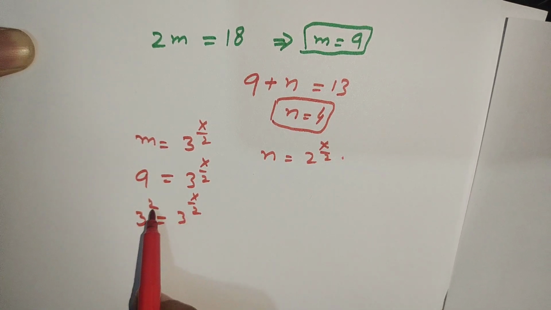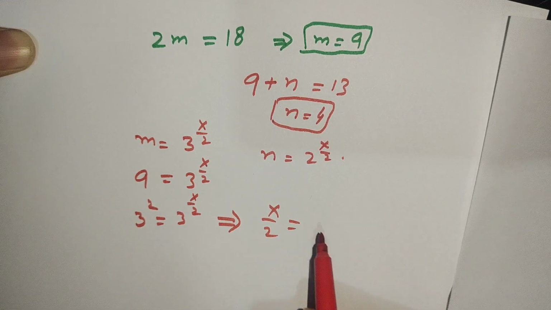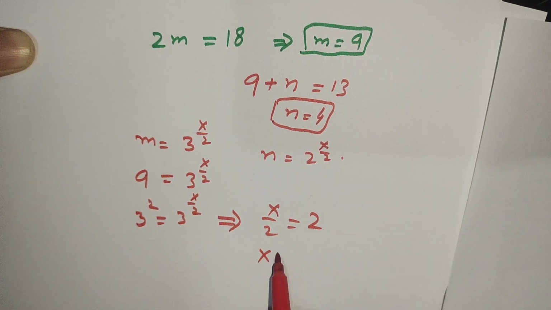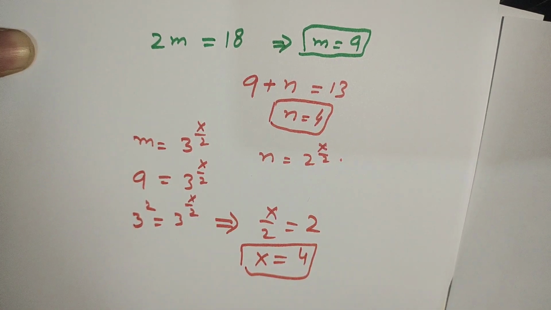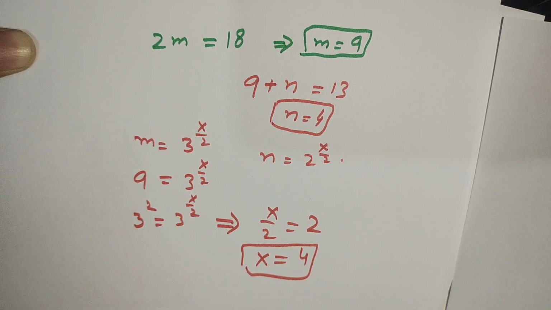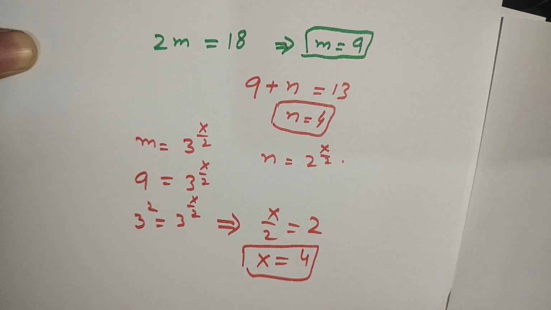By comparison of powers, x over 2 is equal to 2 and x is equal to 4. Similarly, from the second expression we also get the value of x equal to 4.